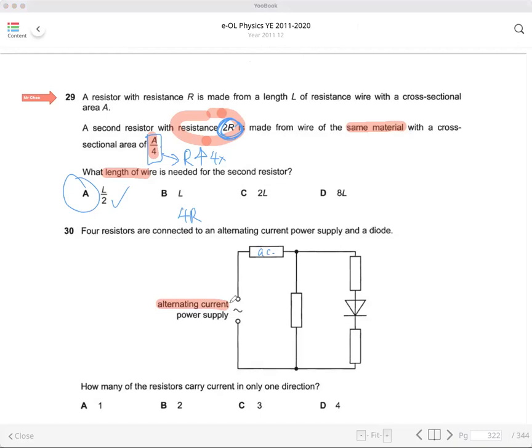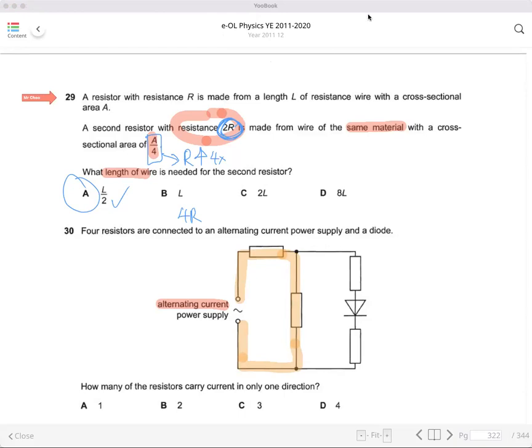Okay, I'll give you a clue. Can you see down here? This circuit is connected to the AC power supply, and this circuit has nothing in between. These two resistors will carry current in two directions. Chelsea, try again. Okay, Chelsea, well done.